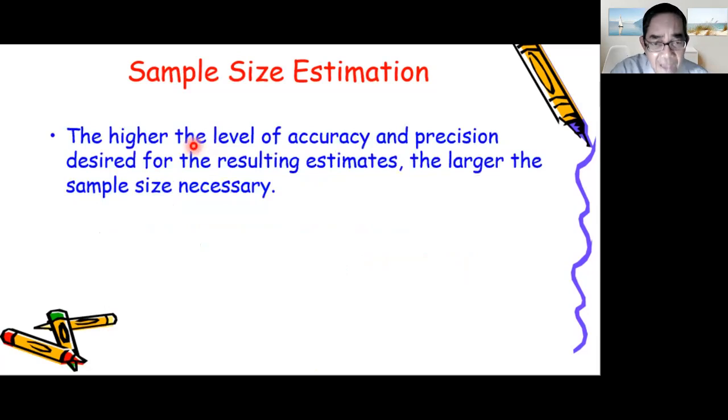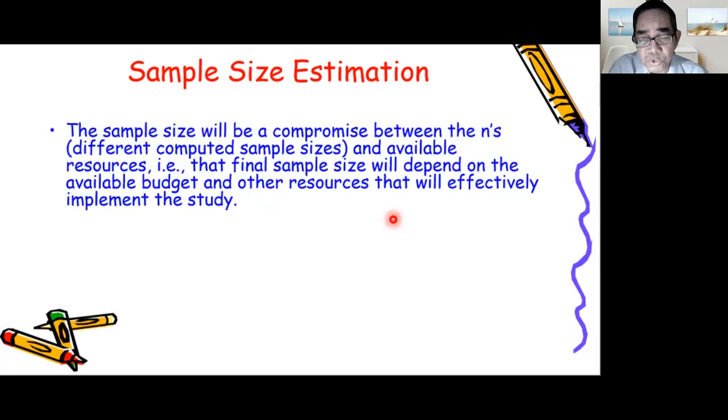The higher the level of accuracy and the precision desired for the resulting estimates, the larger the sample size. So if you want more accurate, more precise estimates, you need a much larger sample size. Later on, I'll show you in the calculation of the sample size that we can actually manipulate the number.